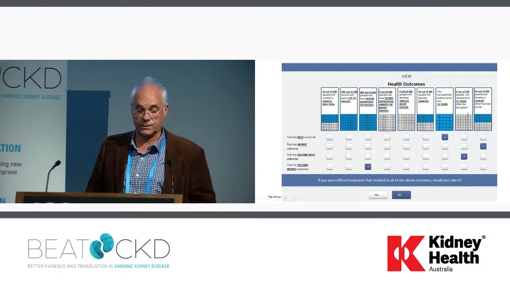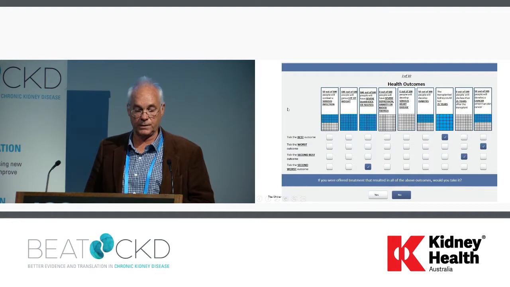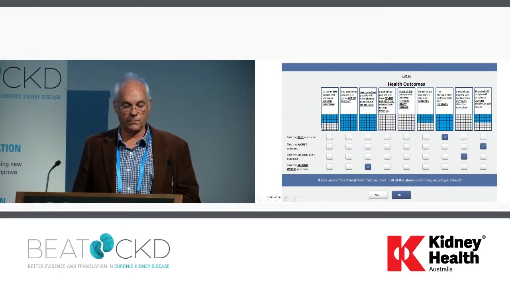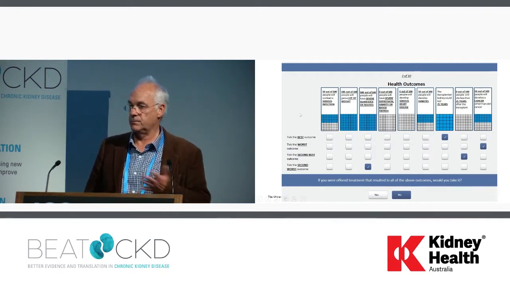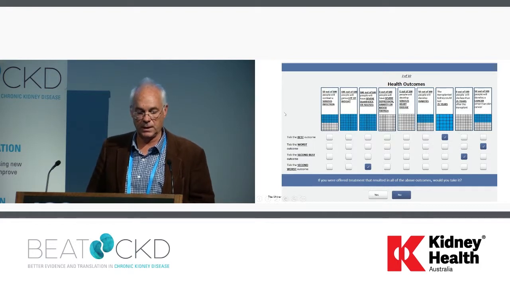This is just showing the different probabilities of things happening. Then people are asked, which one of those is the best outcome, which is the worst, which one is the second best and which one is the second worst. And again, they're shown another one where all these are different, and again, choose the best and the worst.